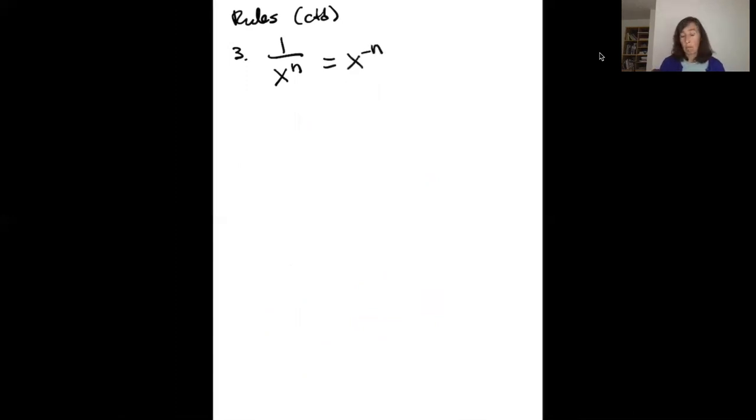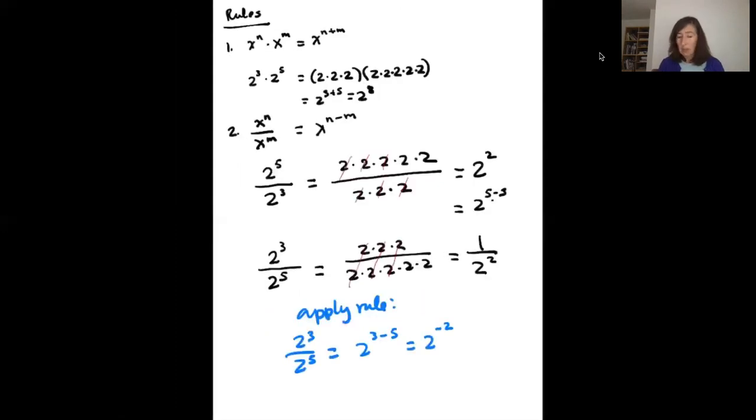Okay, so continuing our rules here, number 3 says that 1 over x to the n is x to the negative n. Just looking back, that's what we were writing here. This is the same as that.